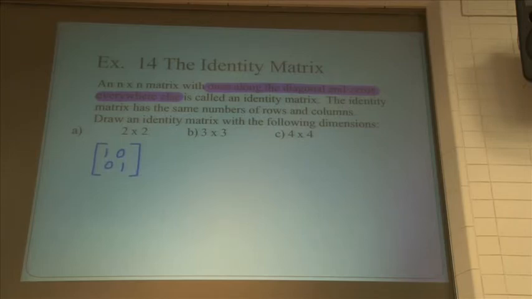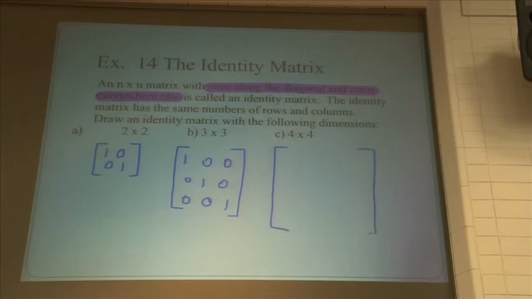3 by 3, same thing. If it's a 3 by 3, you should have 3 1s along your diagonal. So 1, 1, 1. Fill in your zeros. And 4 by 4: 4 1s on the diagonal.